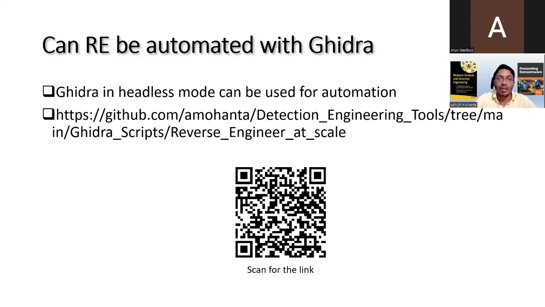You can understand the basics by reading this book, and detection engineering is the special area where I talk about the internals of antiviruses, how they work, how sandboxes work, and how IDS and IPS work. So those of you who want to work in malware research or want to develop antivirus or EDR engines, this book would be a useful one.